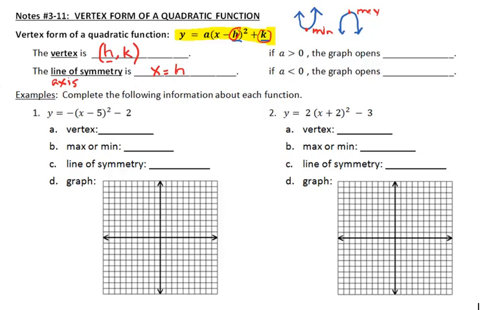Now let's talk about a, that number that's out in front of the parentheses. If a is greater than 0, which means it's positive, the graph is going to open up.